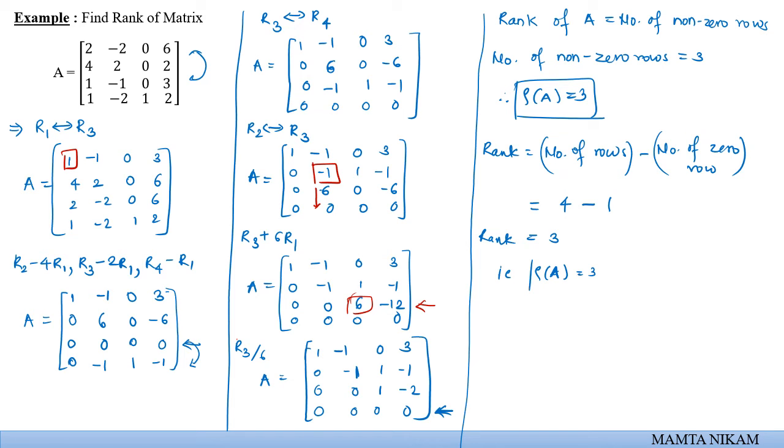But simply, keep in mind the number of non-zero rows, and in this given matrix the number of non-zero rows we obtained is 3, and therefore rank is 3. Let us discuss one more example.